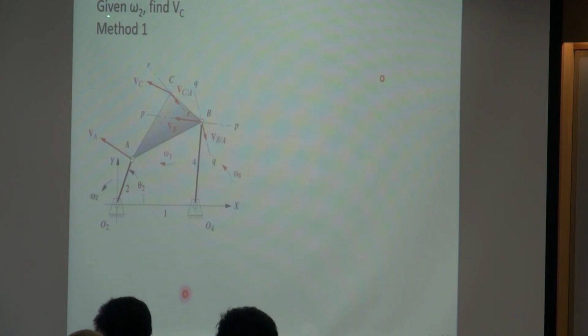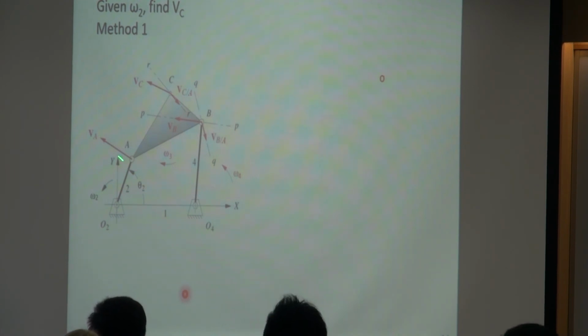If we already know omega 2, then we know the absolute linear velocity of any point on this link, right? Because the linear velocity is basically the angular velocity times the length between the point and the origin.